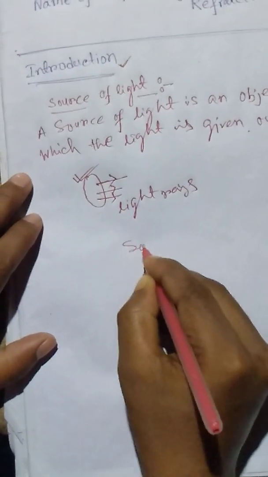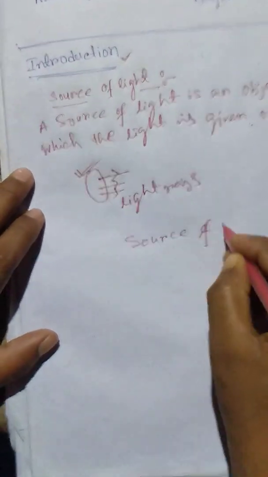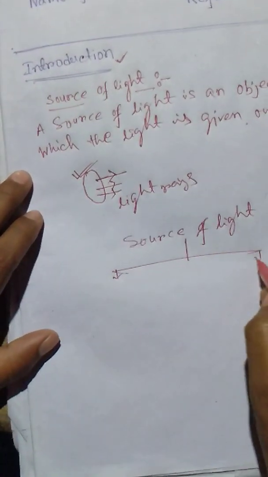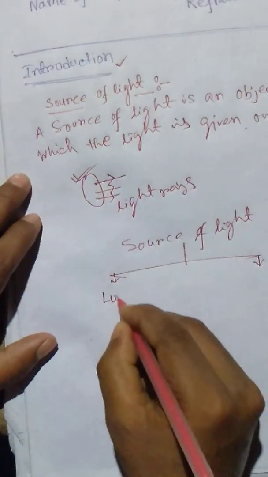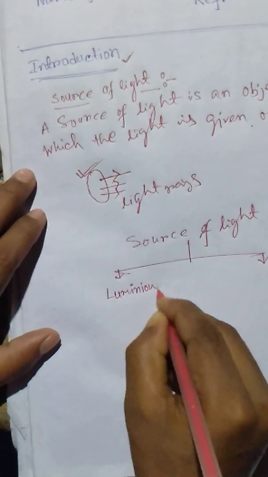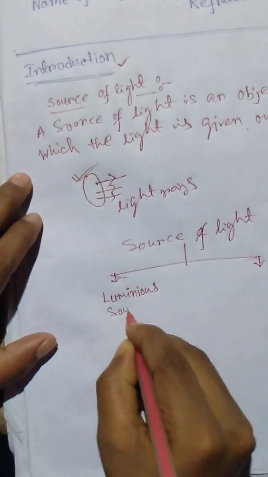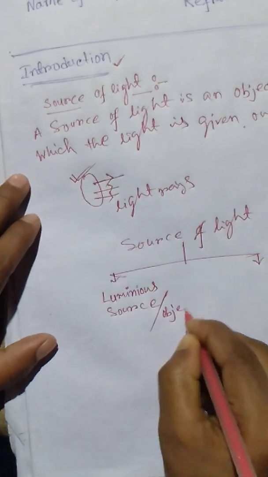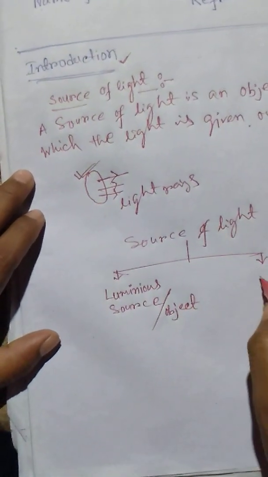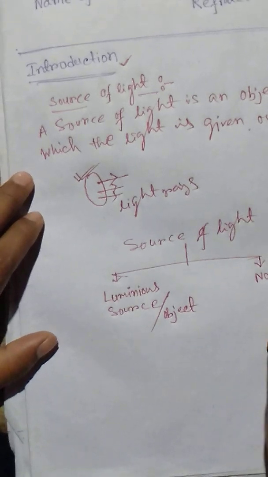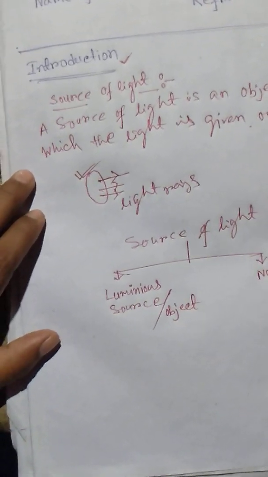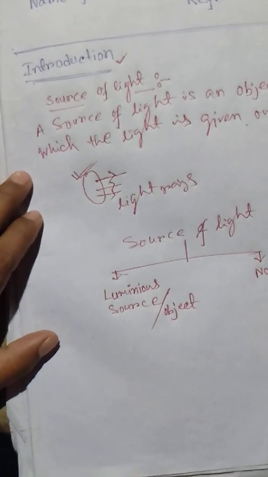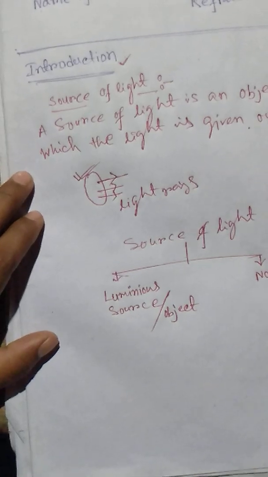We divide the source of light in two bunches. One is the luminous source, or you can call it luminous object, and the other is the non-luminous source or non-luminous object.